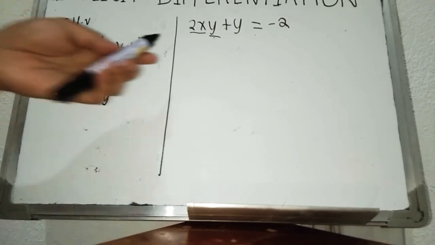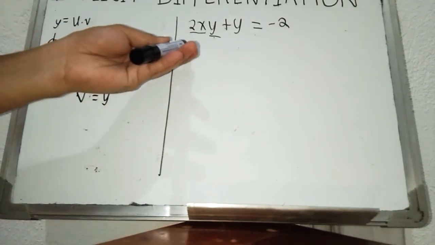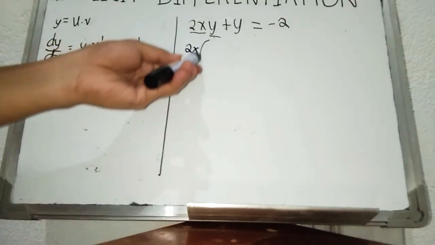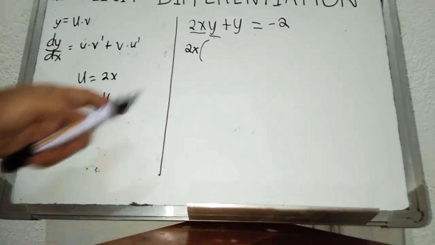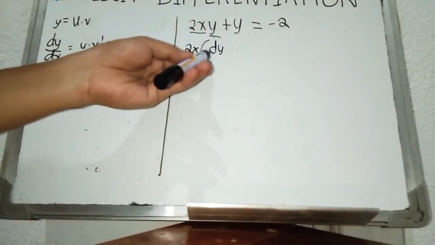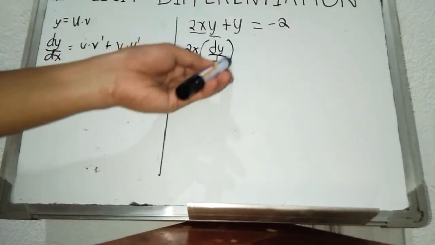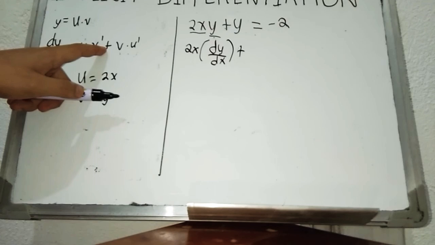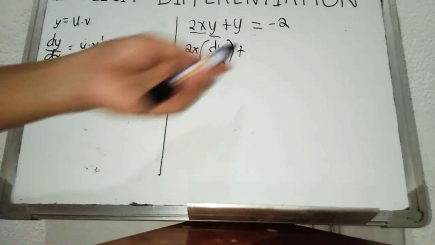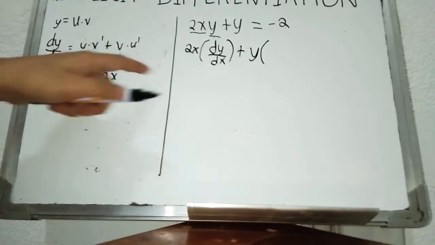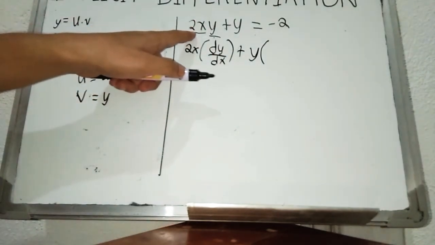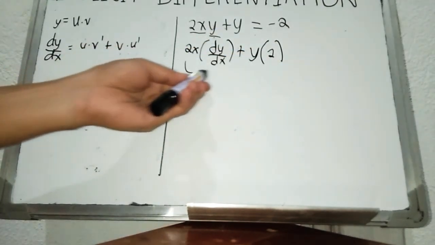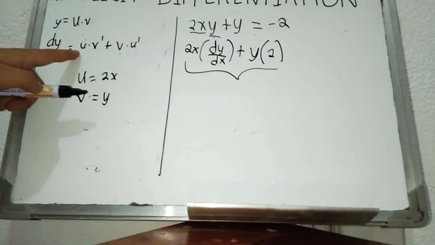By following the formula, all you have to do is to copy the u, and that's 2x, because this is product rule, times the derivative of y, which is dy over dx, plus, following the operation, which is addition, and then v, copy your y, times the derivative of u or the derivative of 2x, which is 2. So basically this is the process from the product rule.